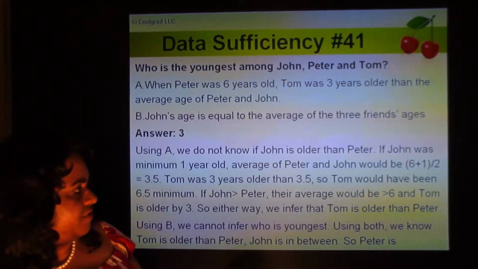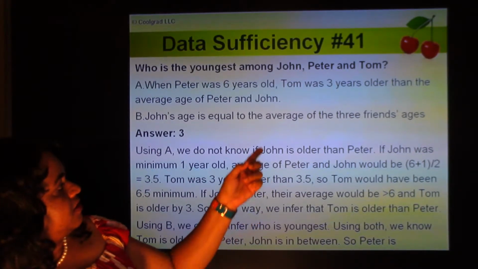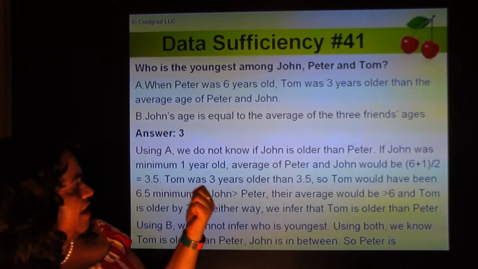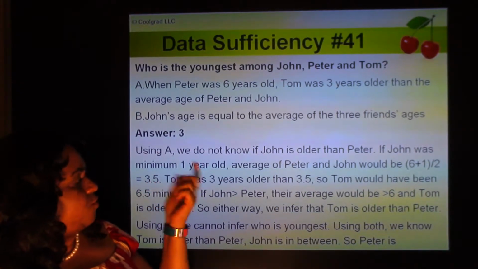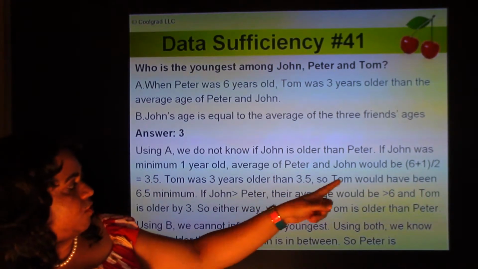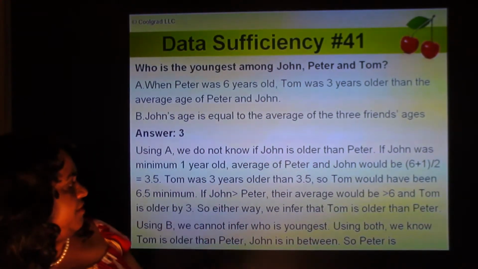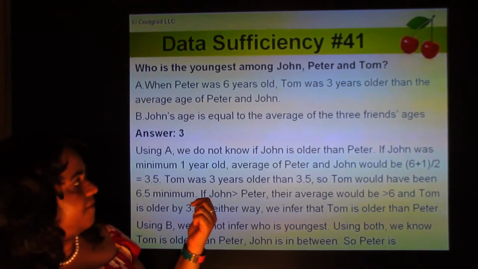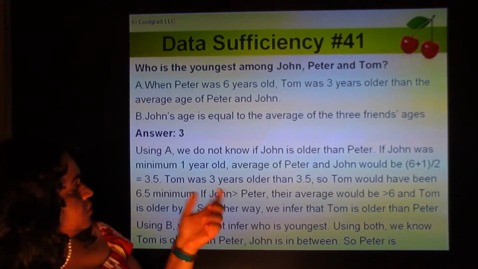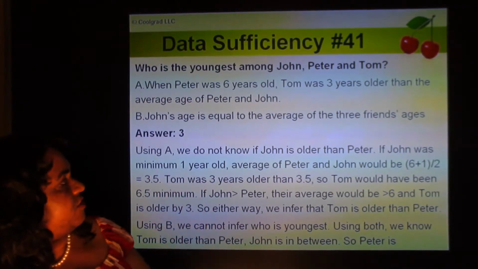That is 3.5. Tom was 3 years older than the average of Peter and John. So if the average was minimum 3.5, Tom was 3 years older. So he would be 3 years older than 3.5. So Tom would be at least 6.5. So Tom will be anyway older than Peter. Okay? So Tom is older than Peter. So Tom is clearly not the youngest.